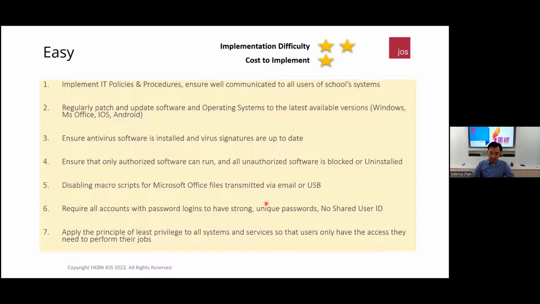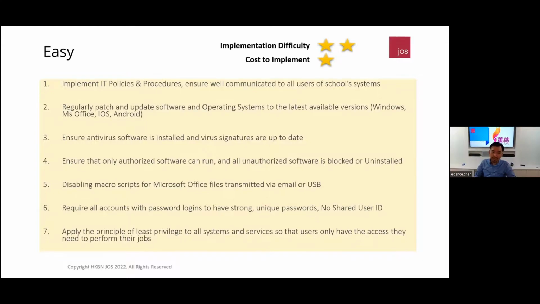If the user only needs to access one server, then we only allow the user to access one server, so that you will not have too loose a control over all these user IDs. Eventually, you create a control on who can actually do what in the system.